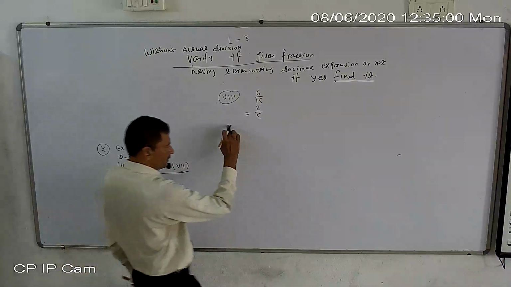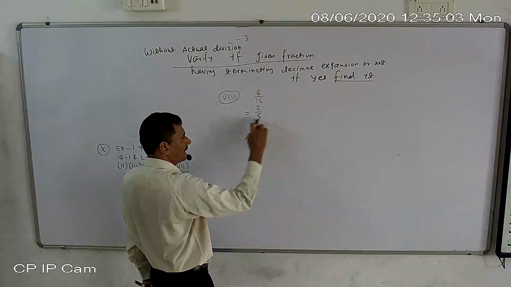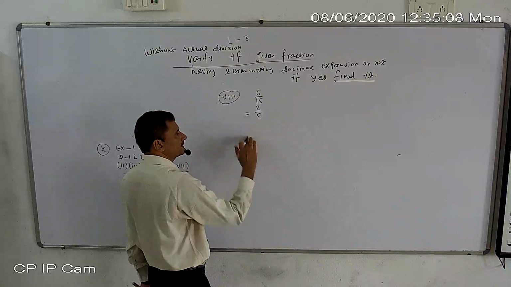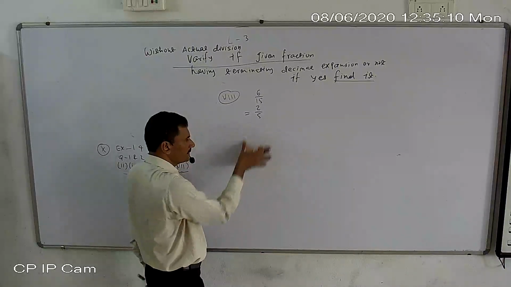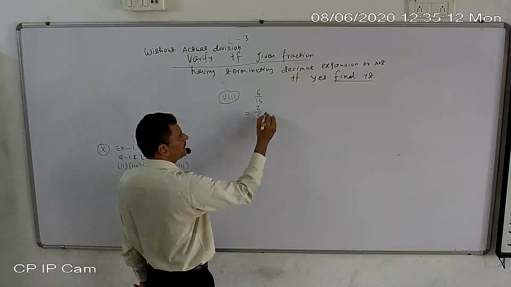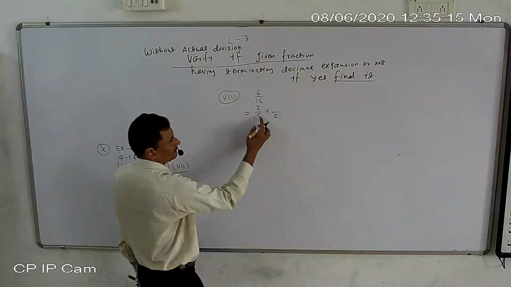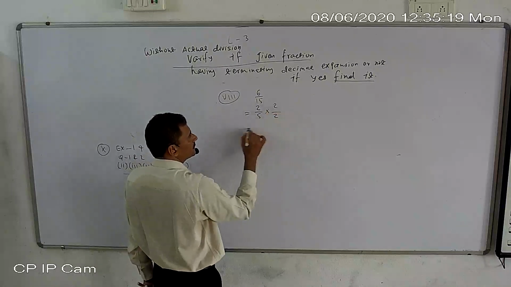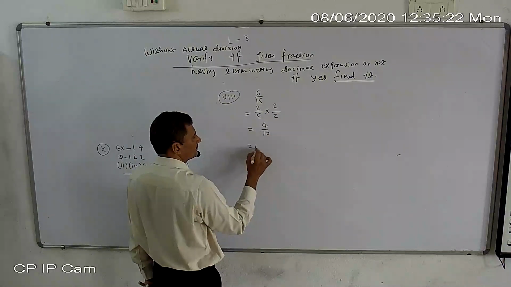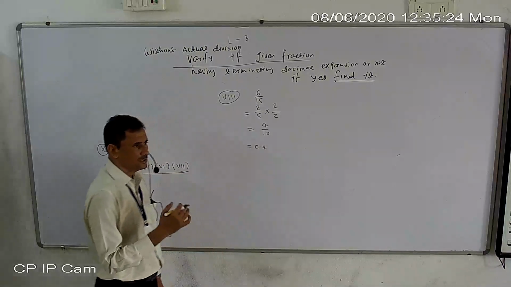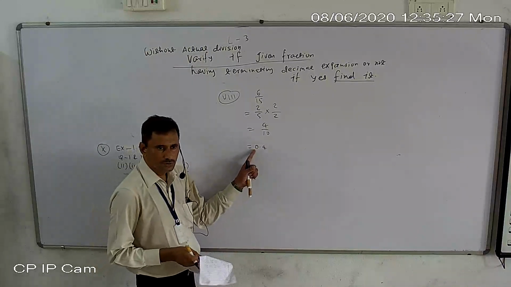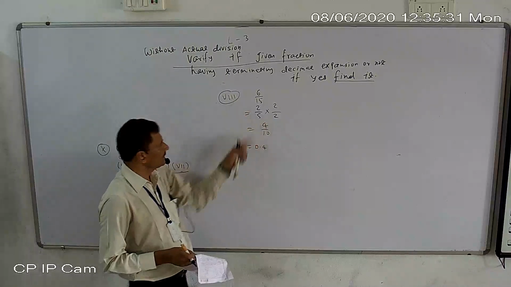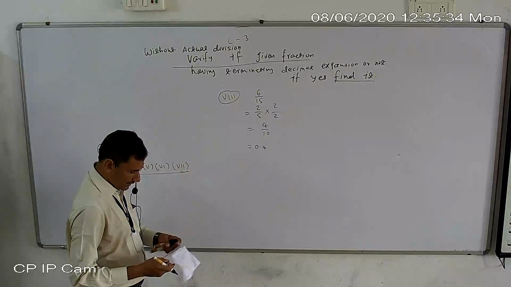You just give those 2 statements. 5 is in the form of 2 raised to n, 5 raised to m, therefore it has a terminating decimal expansion. Okay, just do the formality. Now after getting this, just multiply by 2. Why? 5 having degree 1, so 2 should have degree 1. So it becomes 4 by 10, 0.4. So very simple. You can find it orally also. But in between, the required steps should be there. Okay, I am giving you hints only. Okay, so that is for number 8.